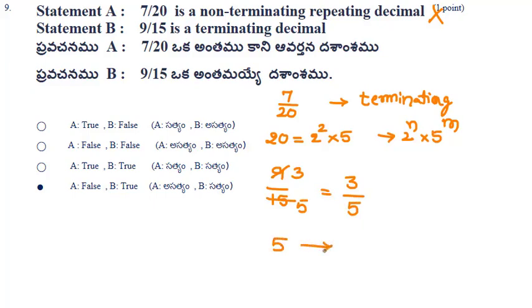So denominator is of the form of 2 power n into 5 power m. So it is a terminating decimal. So statement B is a terminating decimal, so it is a correct one. So A is false and B is true.